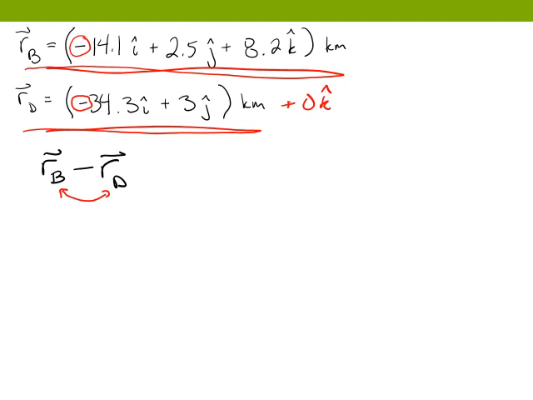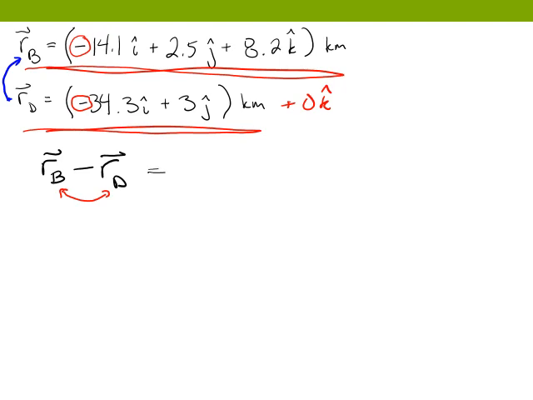The way we wrote it, this is how we would have to move from the Douglas position to the Boeing position. The other way tells us how we would move from the Boeing to the Douglas. But it doesn't matter in the end, because ultimately we are going to take the absolute value of the whole thing. We're going to find the magnitude anyway, which will knock off the direction.